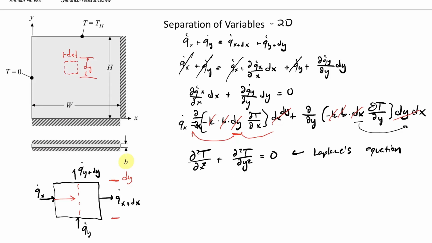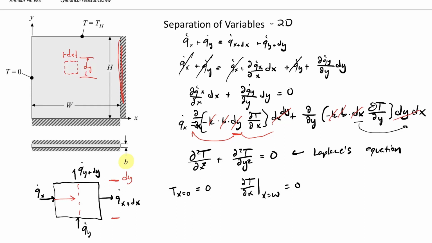So let's look first at our boundary condition in the x. Let's say T at x equals 0 is equal to 0. That's our first boundary condition. What's our second boundary condition in x? Well, it's the partial of T with respect to x, evaluated at x equals W, right over here on the right-hand side. That's equal to 0. Adiabatic surface.